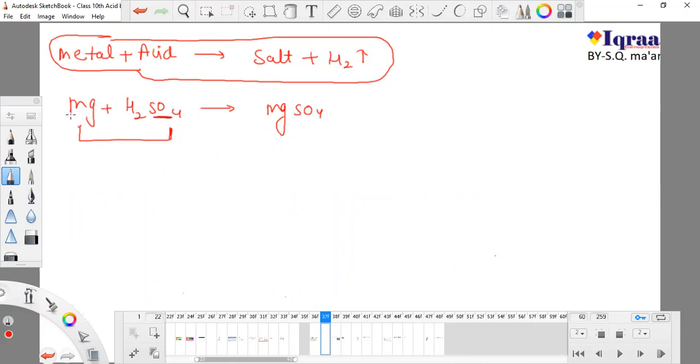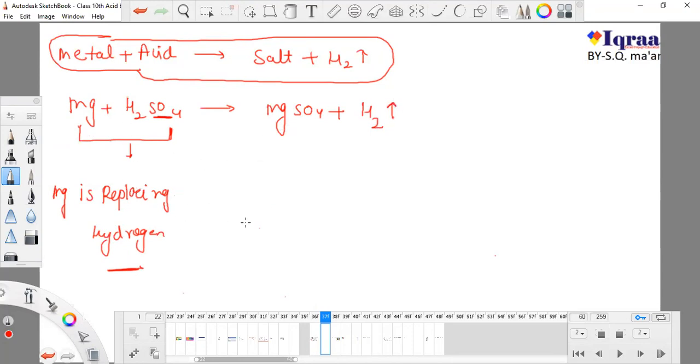When this magnesium goes with this sulfate, this magnesium is replacing this hydrogen. So here the hydrogen gas will be released again.